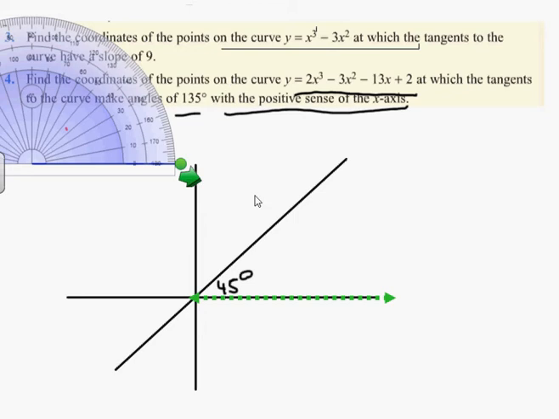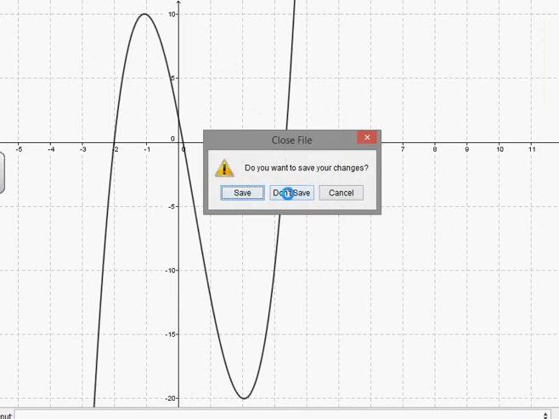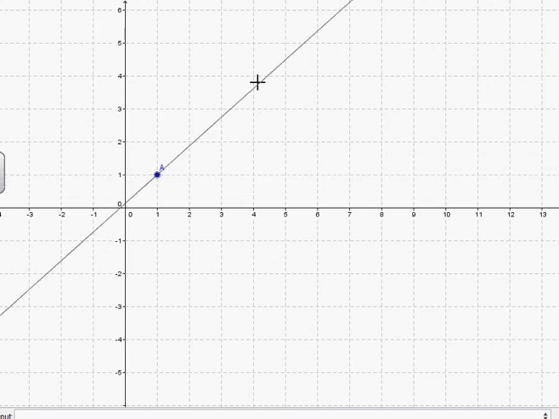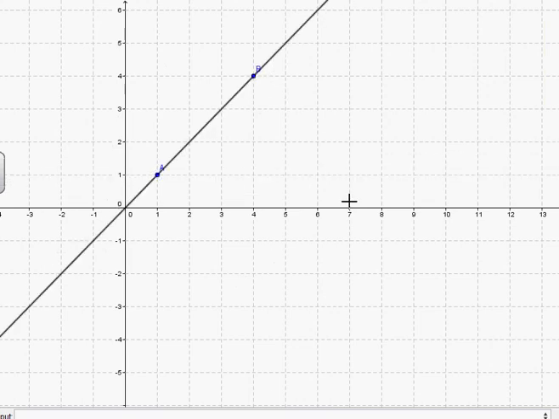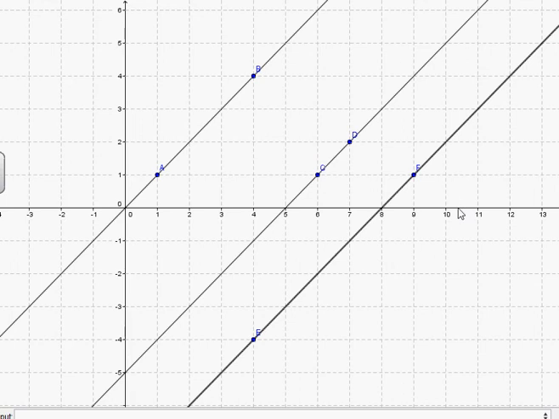So if I go 3 across, 3 up, that's a 45 degree angle. If I go 1 across, 1 up, that's a 45 degree angle. If I go 5 across, 5 up, that's a 45 degree angle. Is everybody happy with that?